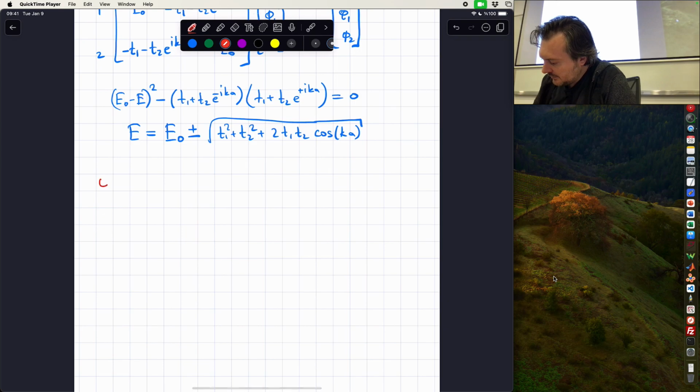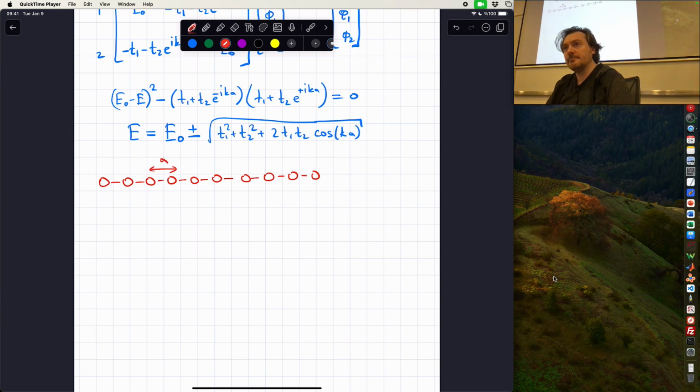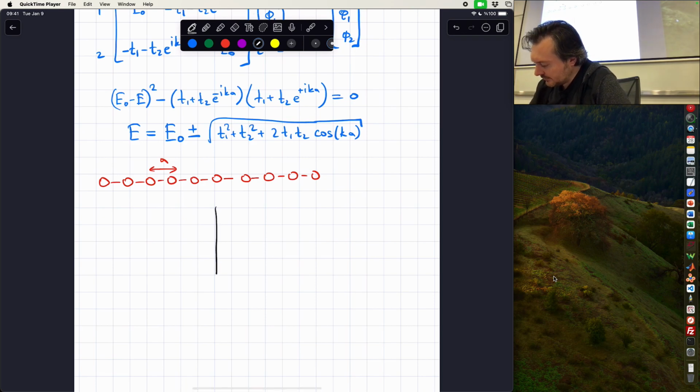Okay, this is the monatomic chain. And it had its bands, right? And this length was A. Let's draw the bands.